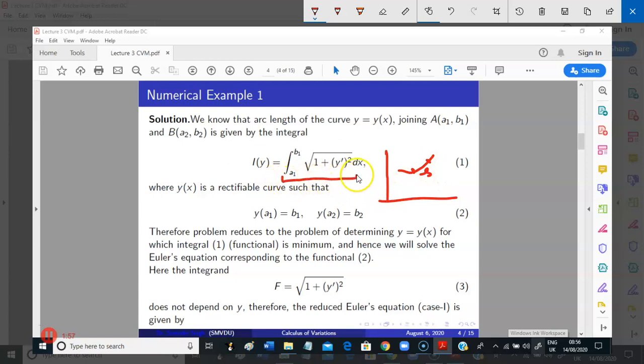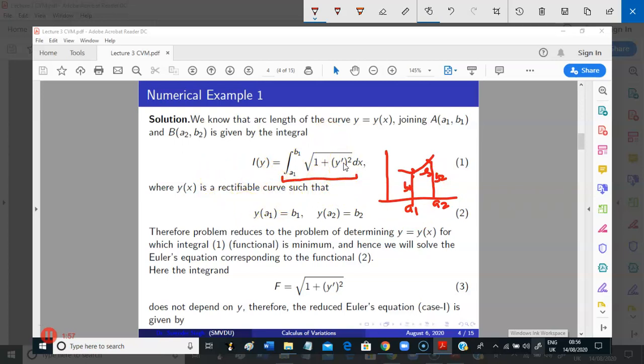When you are finding the arc length between the 2 points A1 and A2, with corresponding y coordinates B1 and B2, that is how the boundary conditions are formed in this situation.